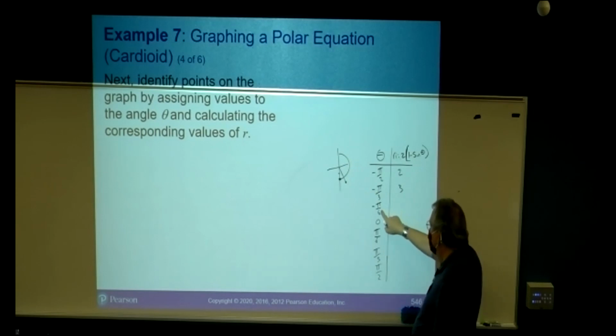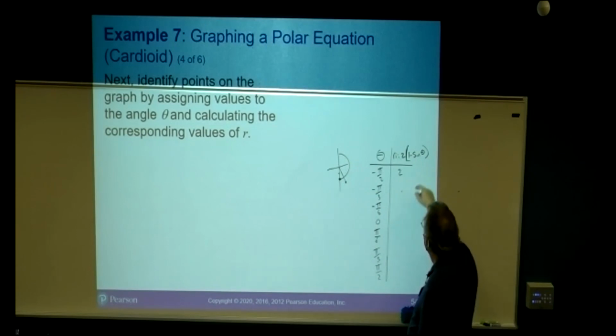And at negative pi over 6, sine is what? No, I was wrong here. That is a negative square root of 3 over 2. So 1 minus a negative square root of 3 over 2 is plus.